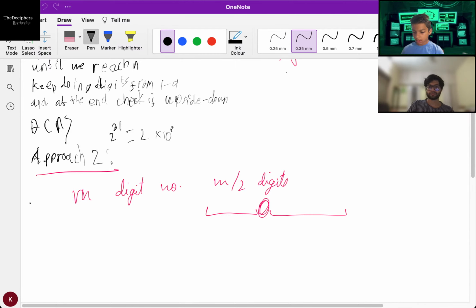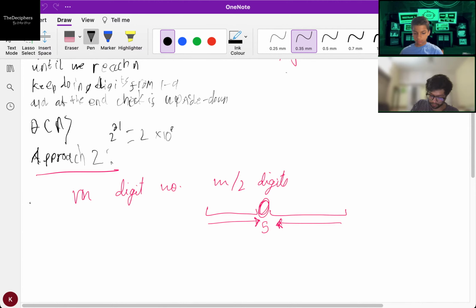So if we want to make an m-digit number and it is odd, what will the middle digit always be? Yeah, it would always be 5, because the digit from the left and the digit from the right should amount to 10. So this is just one trivial observation that we should speak out.